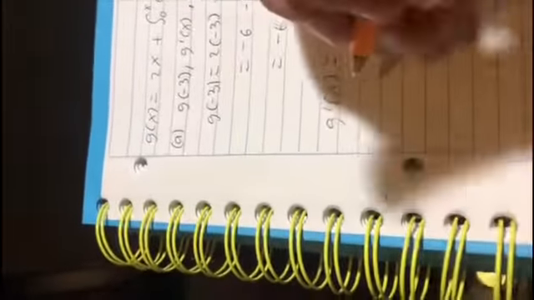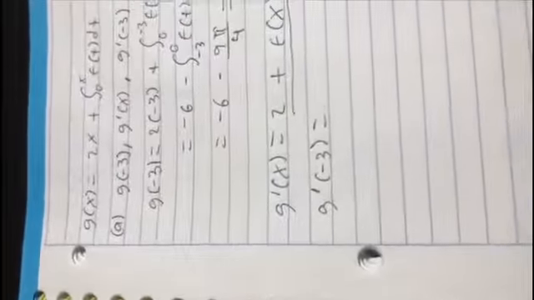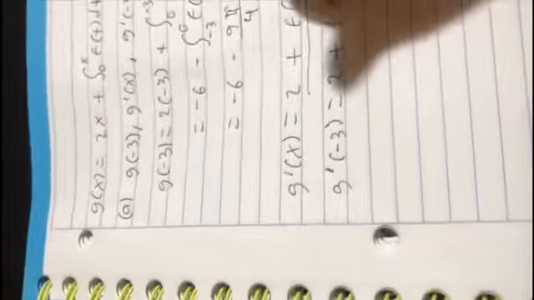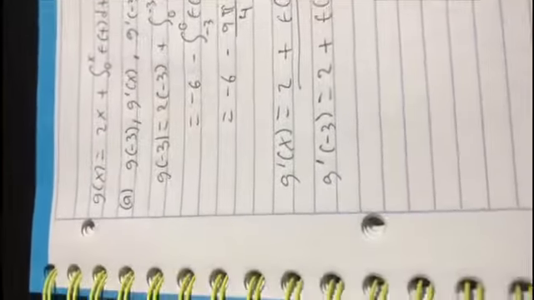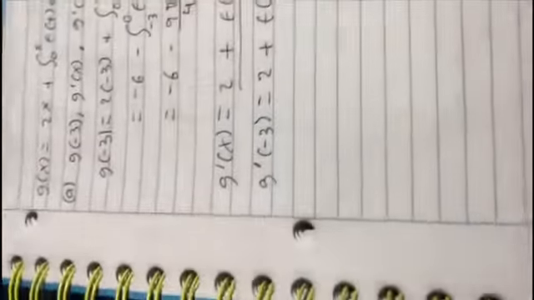And then it asks to evaluate g prime at -3, so we now substitute, so it will be 2 plus f of -3. And with this we need to check again the graph and see it. So f of -3 in the graph is 0, so this will be 0 and the answer is 2.